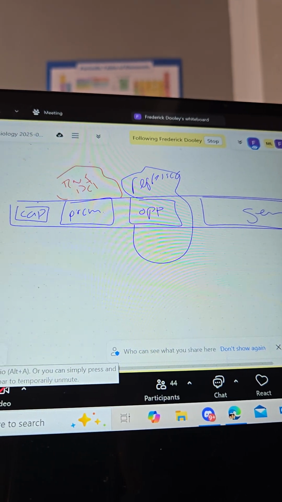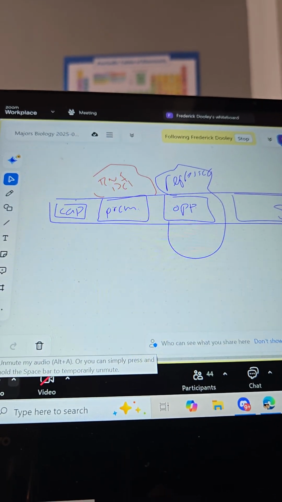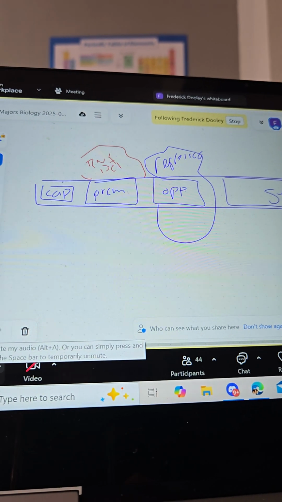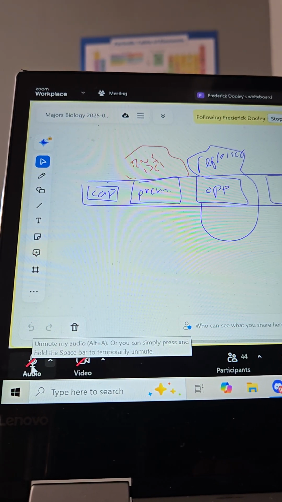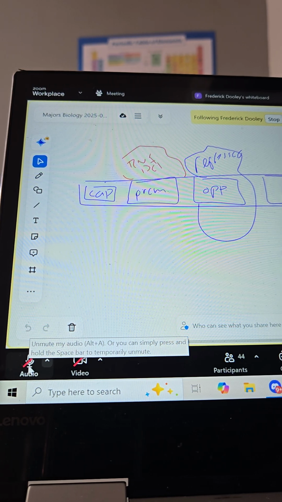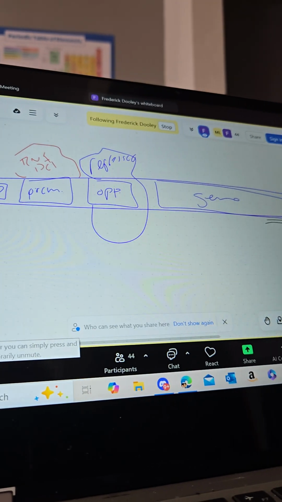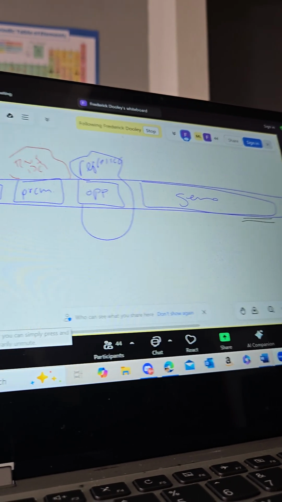I hope not. So are we turning the gene on or are we turning the gene off? Turning it off. So we have the repressor on. We are not going to use this gene. So the brake is on.